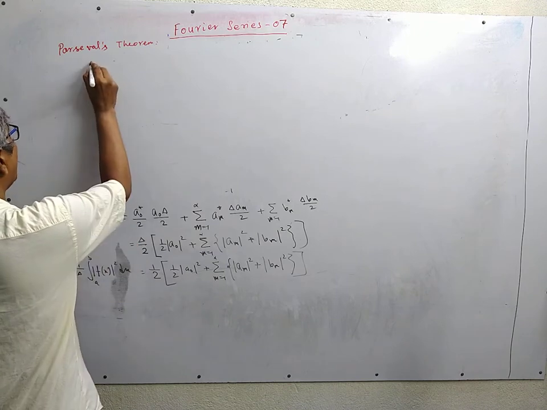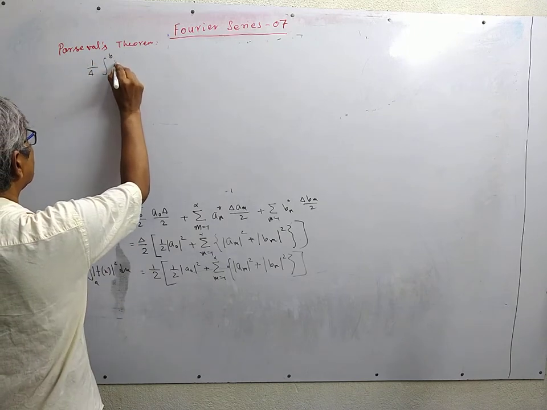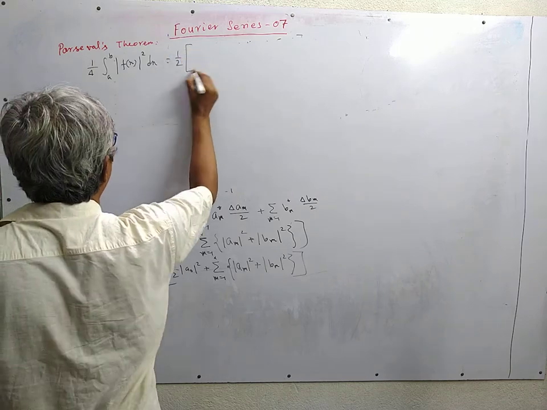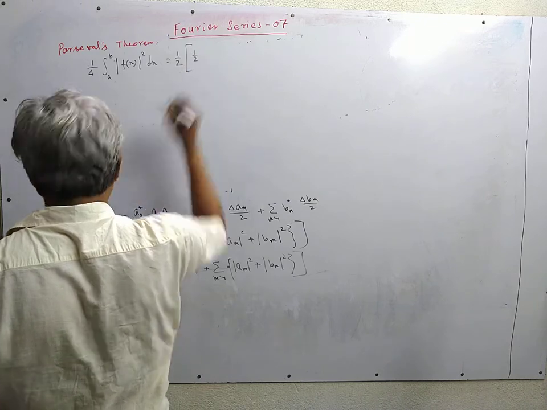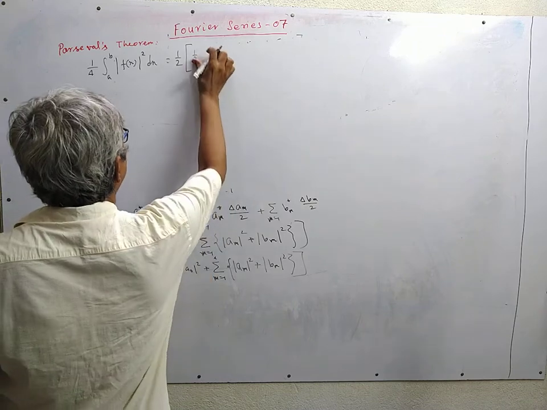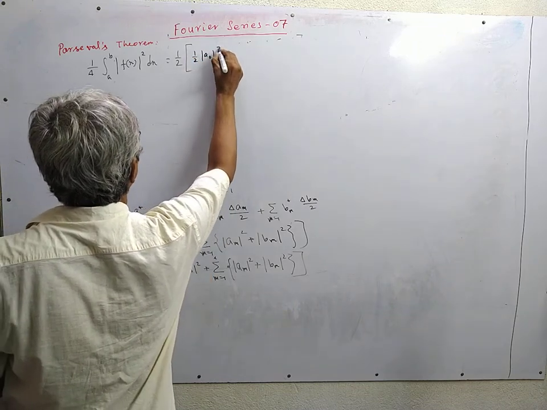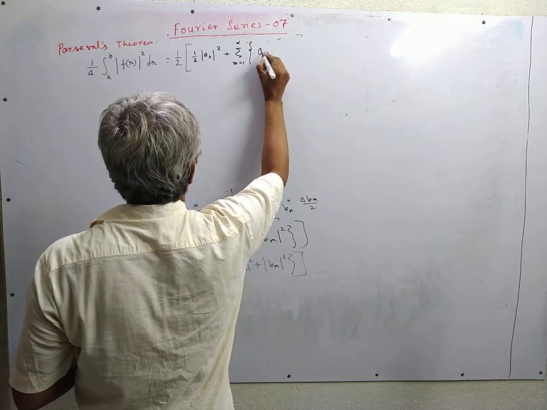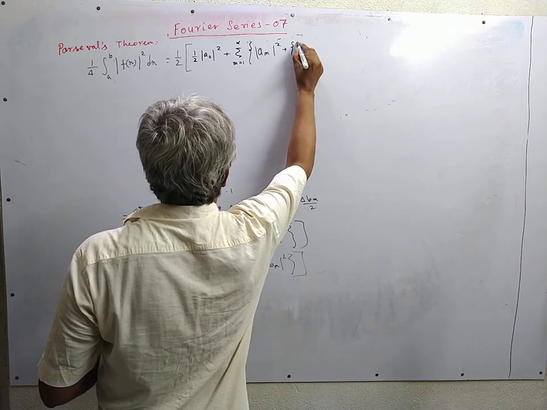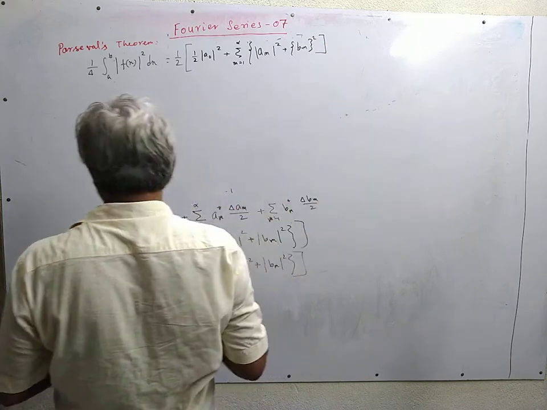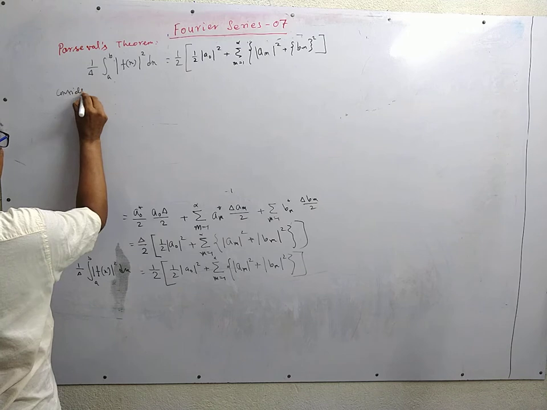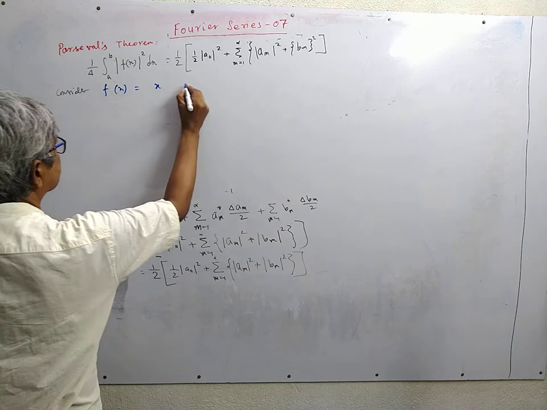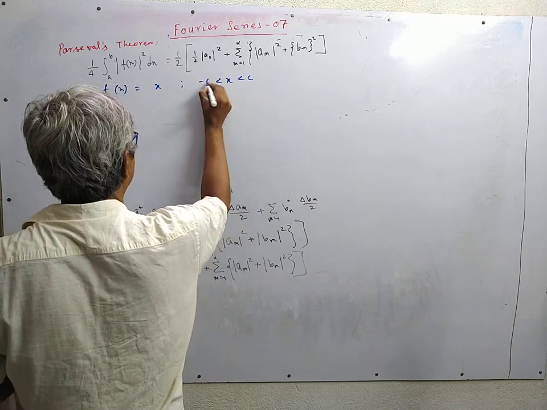So Parseval's theorem is 1 by delta... Consider f of x is equal to x defined in the range x greater than minus c and less than c.